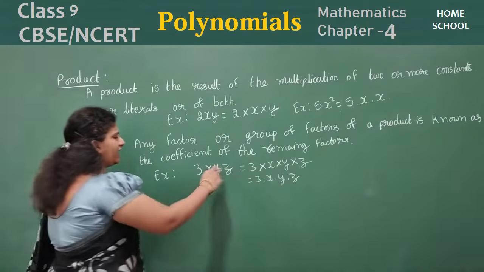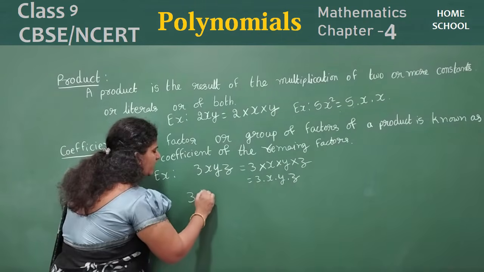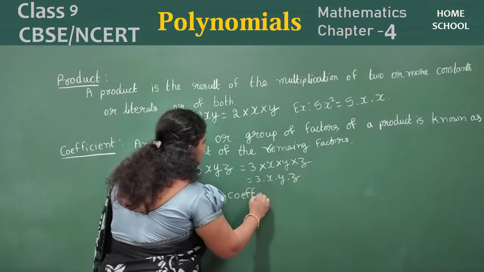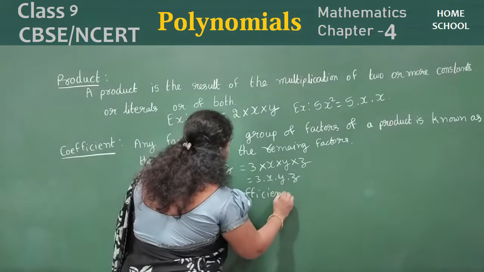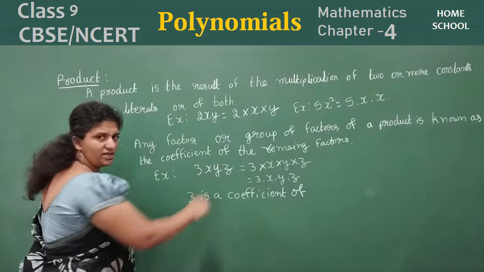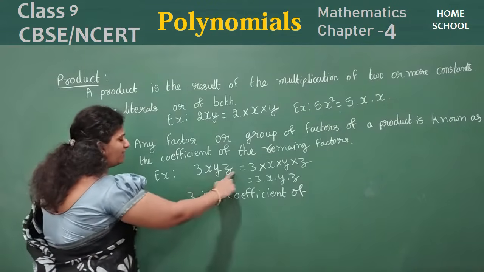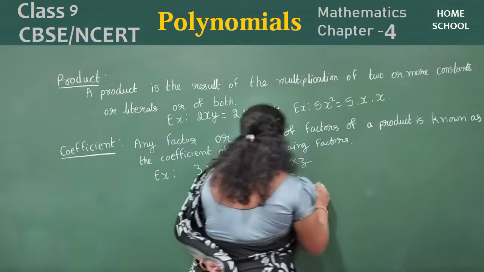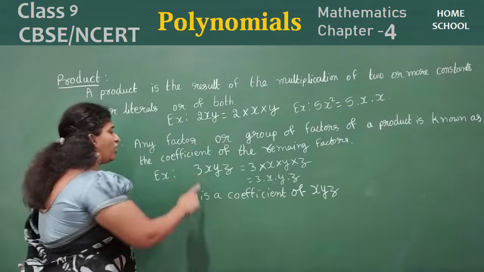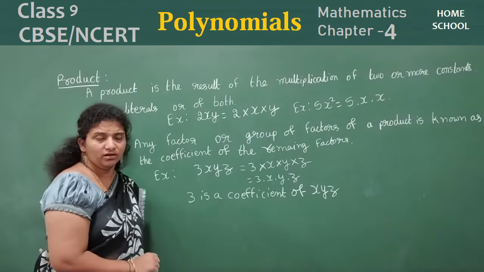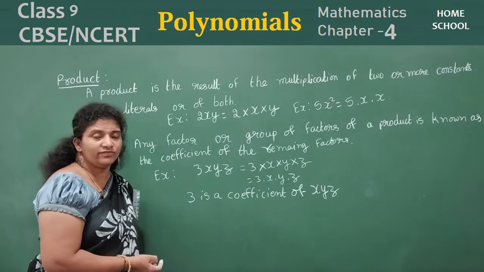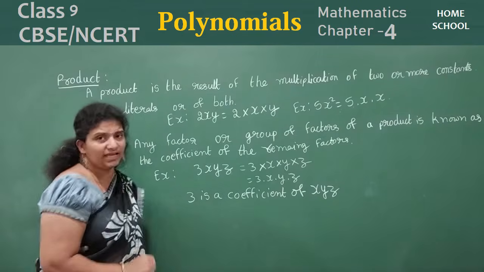Now, what can I say here? 3 is a coefficient of, other than 3, what do you have, children? x, y, z. 3 is a coefficient of xyz. When I talk about only the number, 3 is a constant, or a numerical coefficient of xyz.